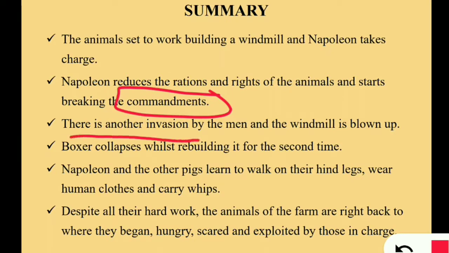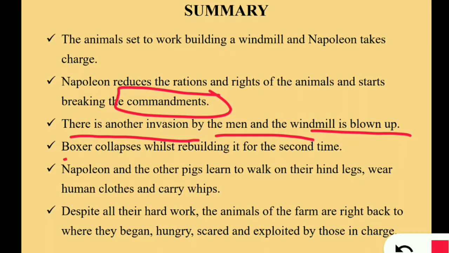There is another invasion by the men and the windmill is blown up. Here, recently the leader was thrown out. Now they are trying to protect themselves.